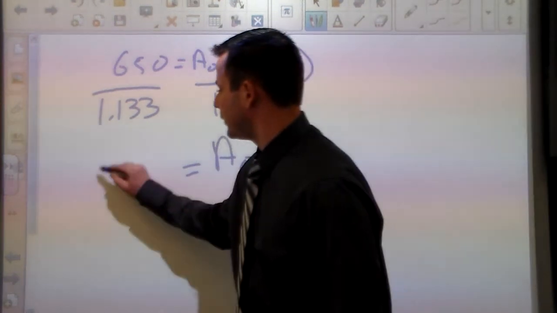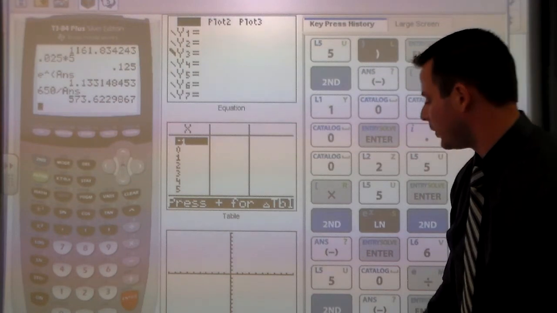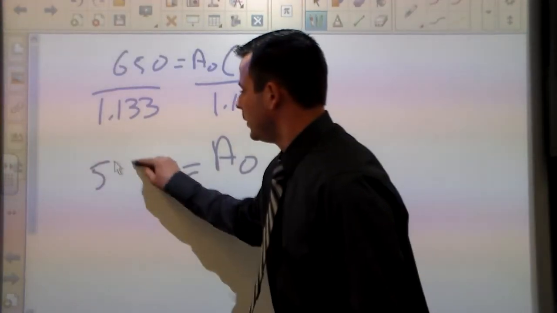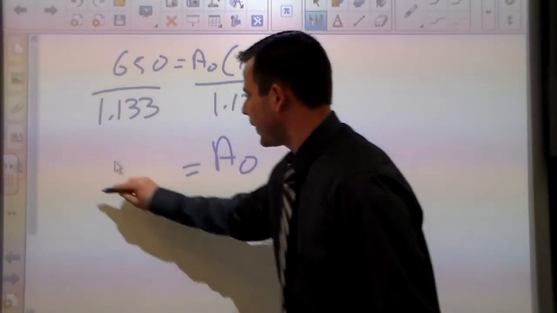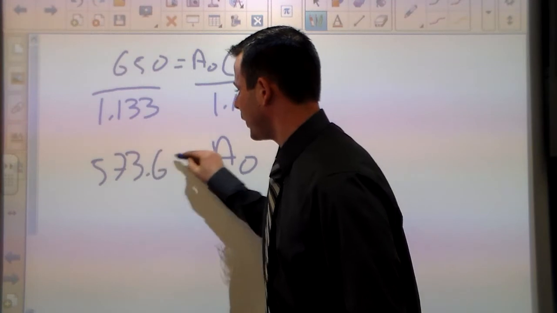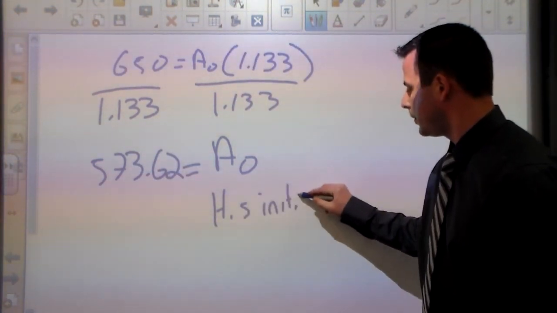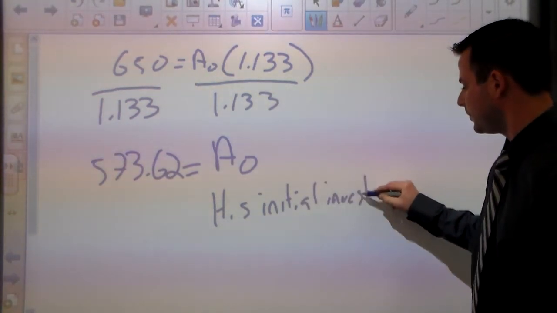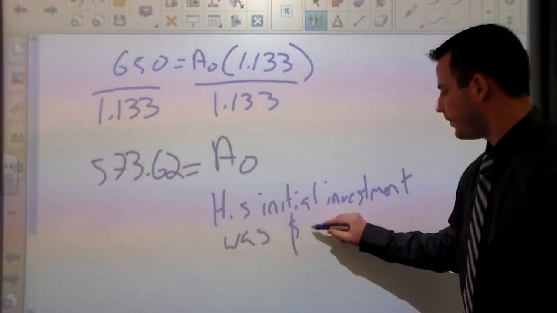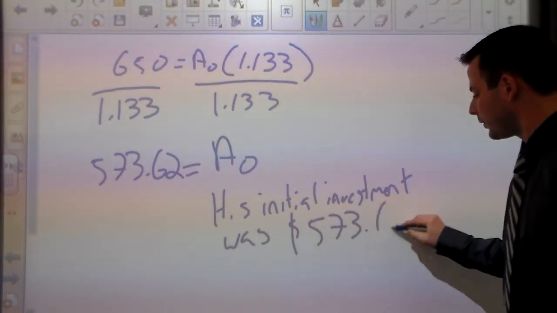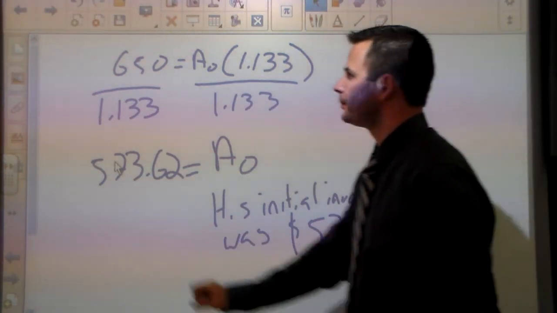So A naught is 573.62. So his initial investment was $573.62.